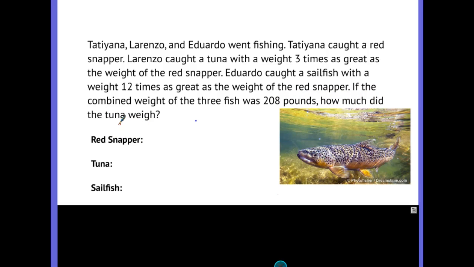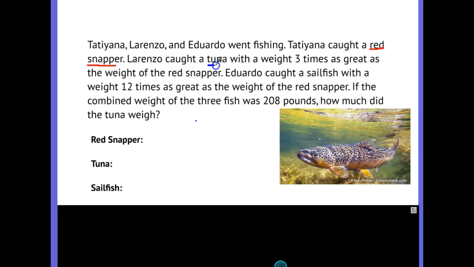Well, remember, my first step at looking at these problems is I want to figure out what my categories are. So my first category here is the red snapper, because the red snapper is our first fish that was caught. The second category was the tuna. What do we know about the tuna?